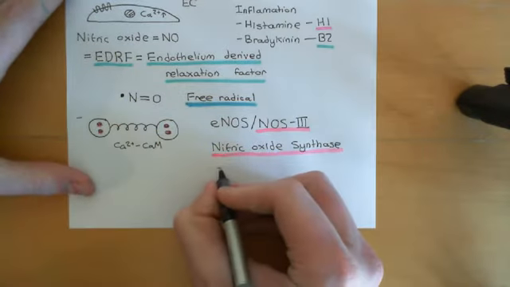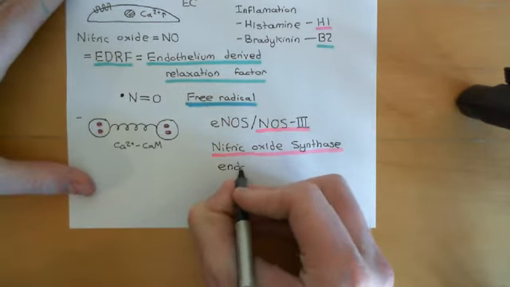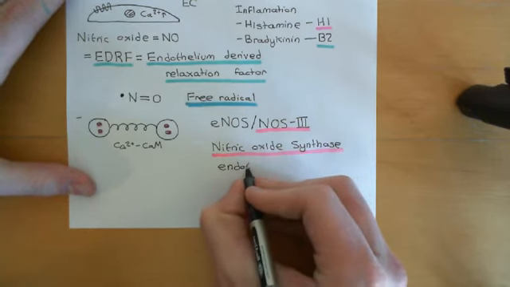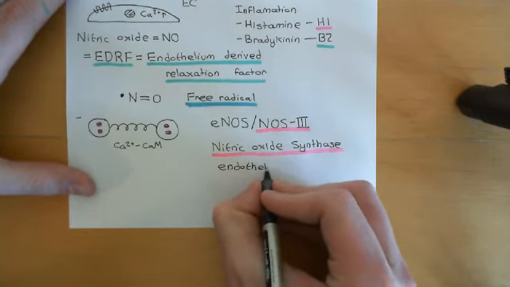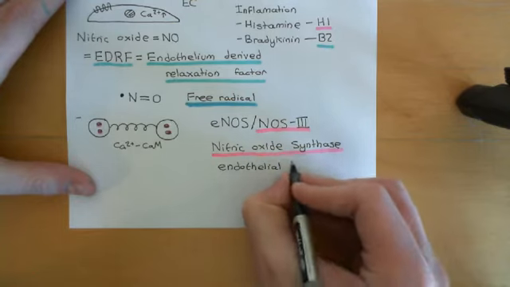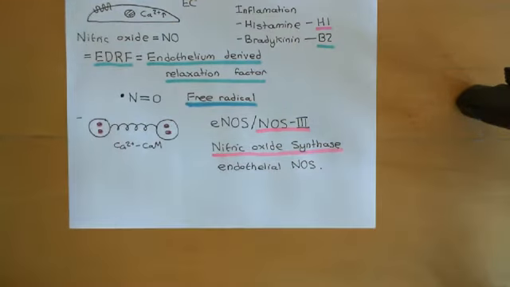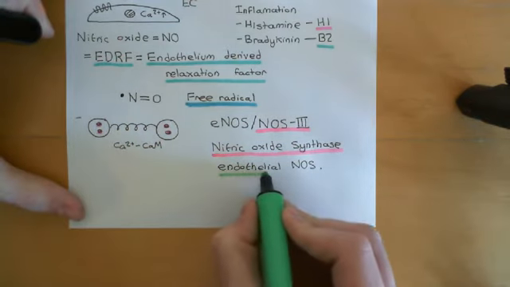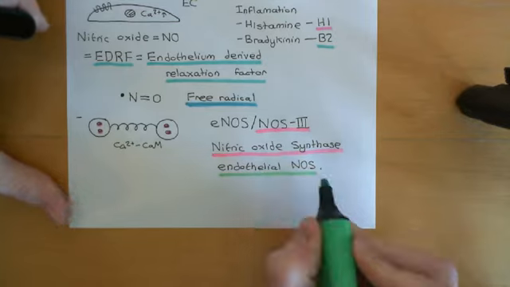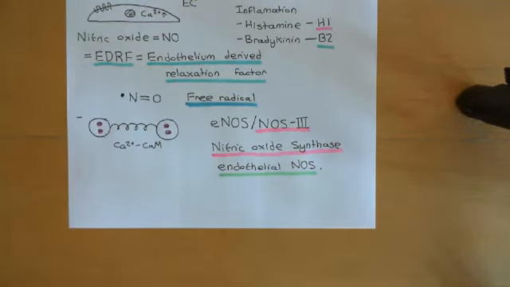Okay, because the main place where nitric oxide synthase 3 is found is the endothelium, and therefore you can call it the endothelial nitric oxide synthase. It certainly is the main form of nitric oxide synthase found in endothelial cells. There are other forms in the human body, NOS1 and NOS2, but those have different roles elsewhere.